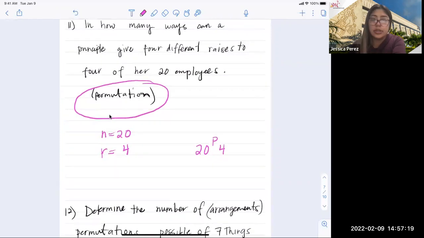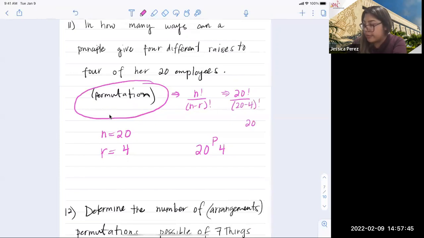Remember, permutation has a formula that looks like n factorial over n minus r factorial. All you have to do is plug and chug. You have 20 factorial over 16 factorial. How did I get 16? Well, 20 minus 4 gives me that 16. So maybe you need that extra step here.